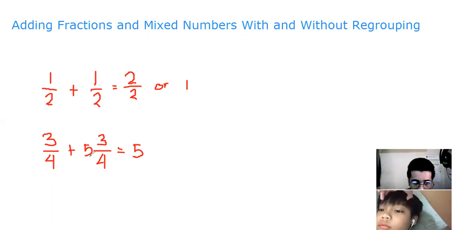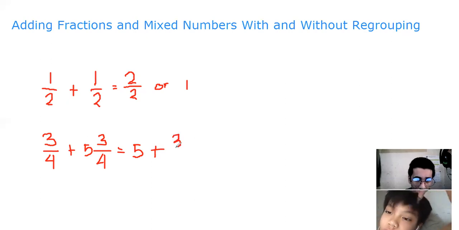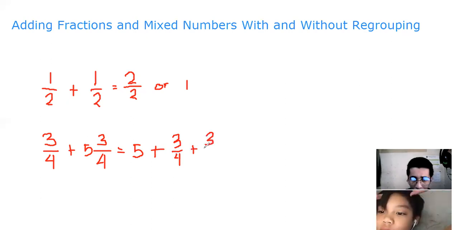So, may whole number tayo na 5. Then, i-plus natin siya ng 3 over 4. So, gawin natin 3 over 4 plus 3 over 4. Kasi 3 over 4 din itong pangalawa. Ipinaghiwalay lang natin sila.